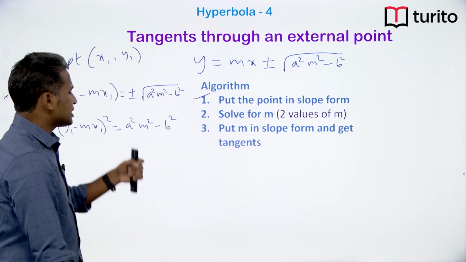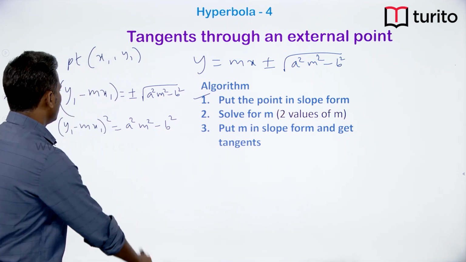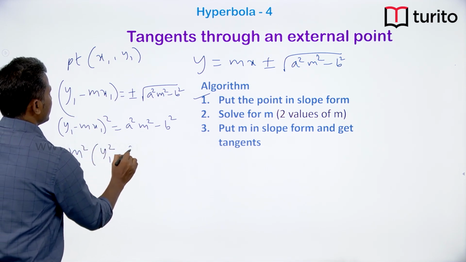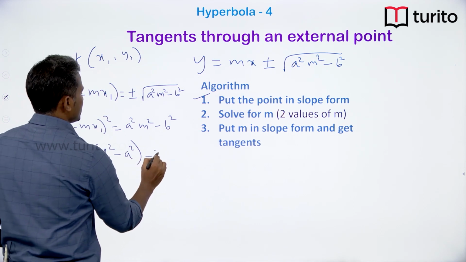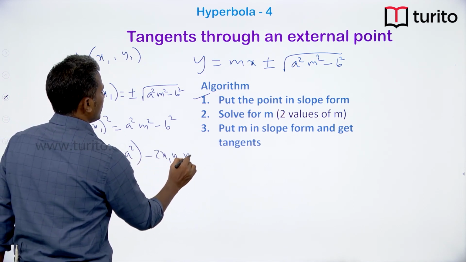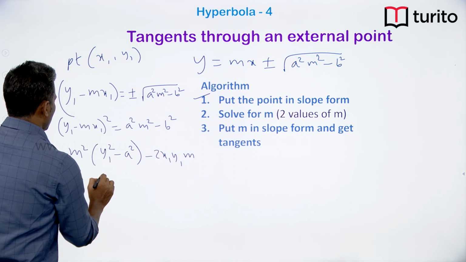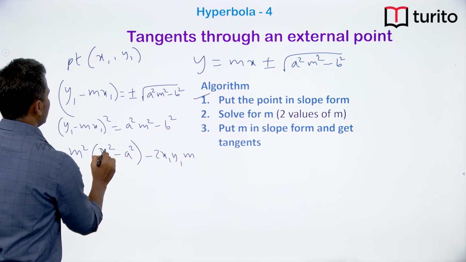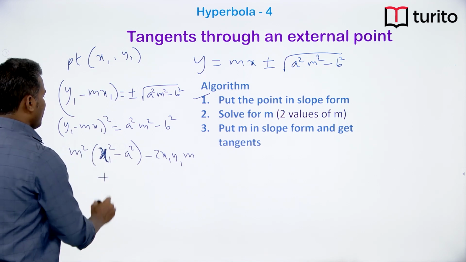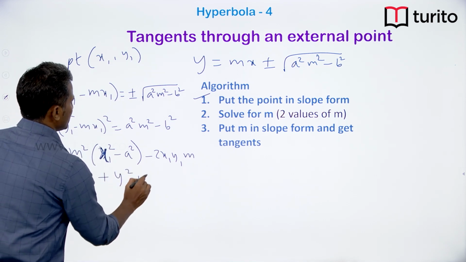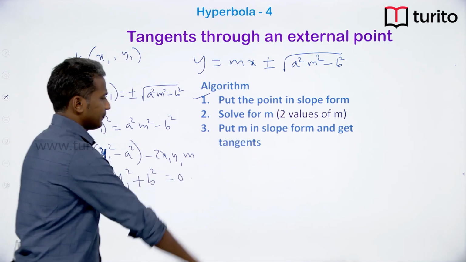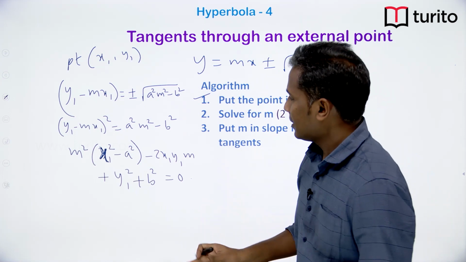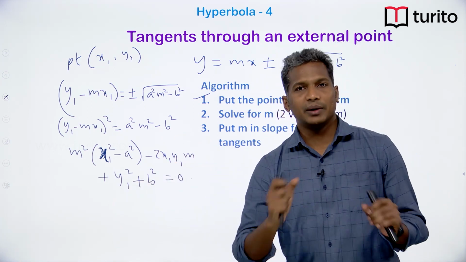Now, if I convert this into a simple quadratic equation, what do I get? I get m square into y1 square minus a square, minus 2x1 y1 into m, plus the constant terms, sorry, this must be x1 square plus a square, plus y1 square plus b square, equal to 0. This becomes the quadratic equation in terms of m. After this, I will get the values of m.